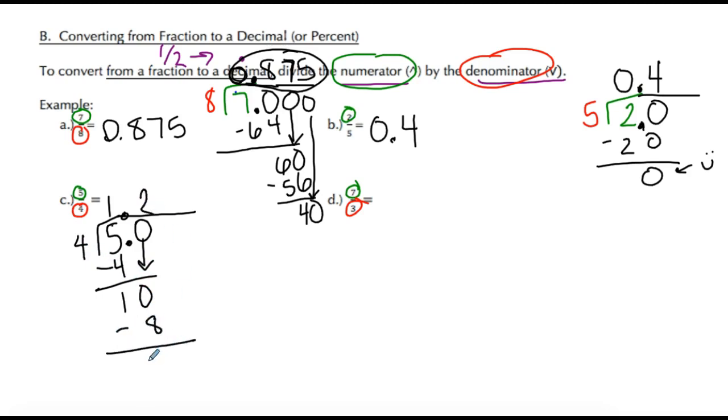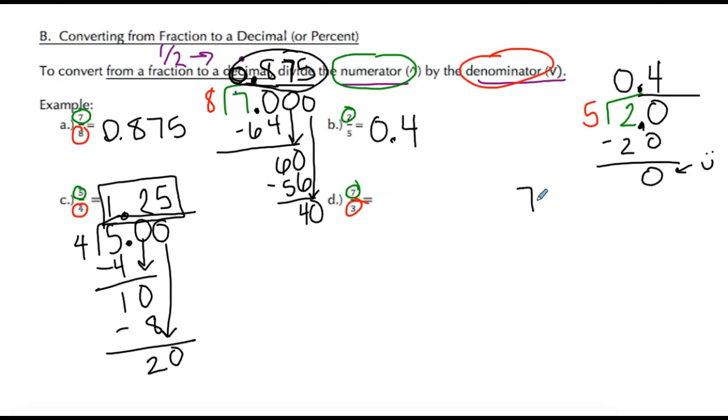Subtract my 8, bring down my 2. 4 times 2 is 8. That's where I got that 8 subtracted. And now I bring down my 0. 4 goes into 20 5 times. This is my decimal. Let's try one more together before you try it on your own.